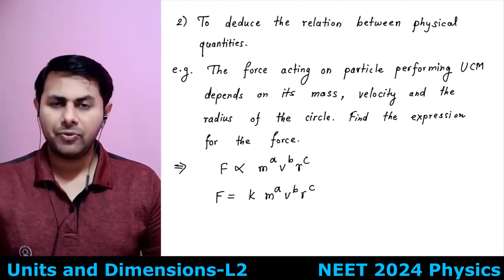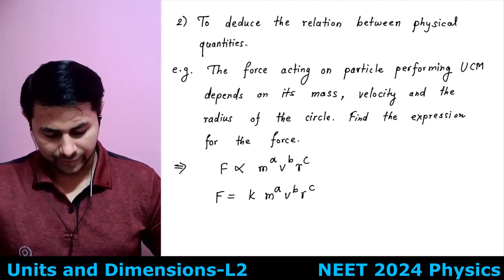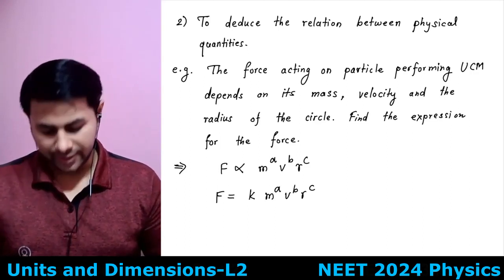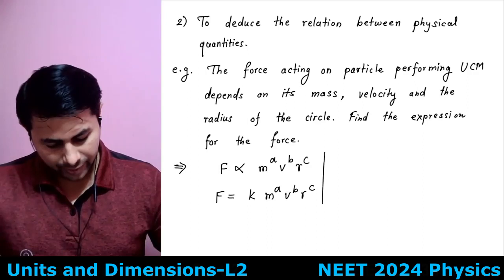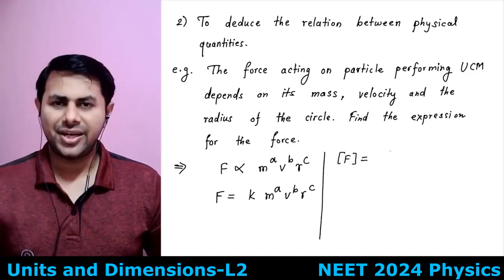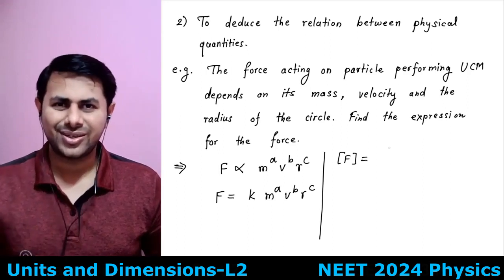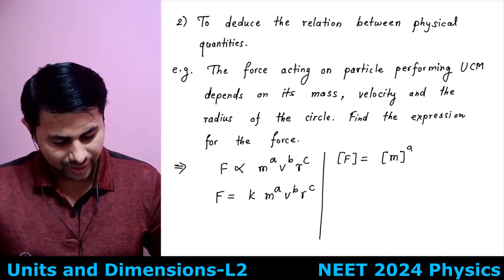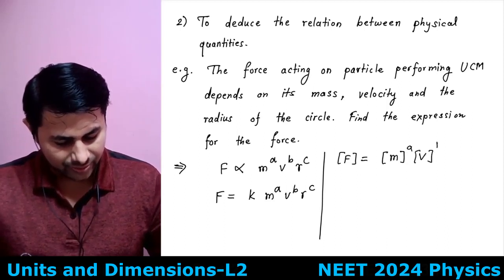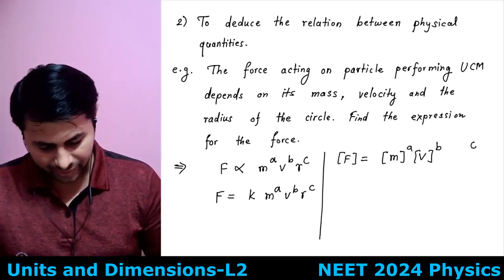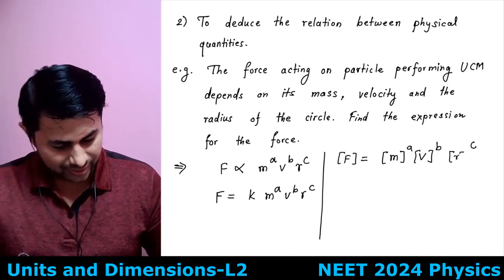Now we can use dimensions. Dimensions on the left hand side should be equal to dimensions on the right hand side. So dimensions of force must be equal to dimensions of m raised to a, multiplied by dimensions of v raised to b, multiplied by dimensions of r raised to c. k doesn't have any dimension, so let's drop it.